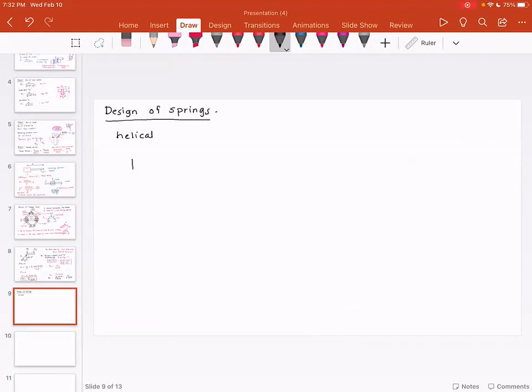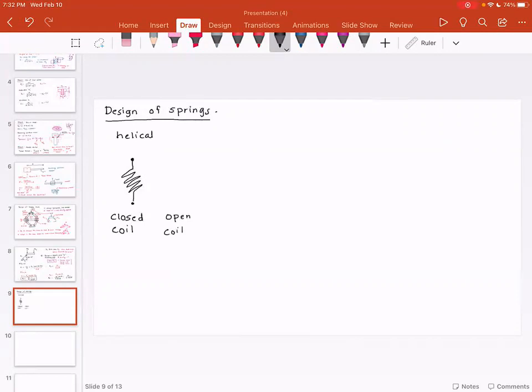The helical spring would look something like this. It could be closed coil or it could be open coil. So there is something called the closed coil, and there is open coil.